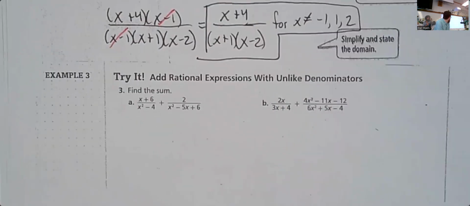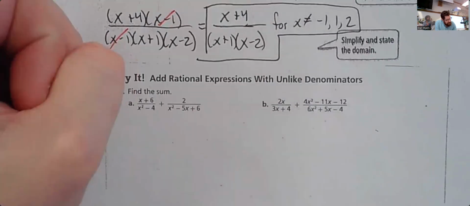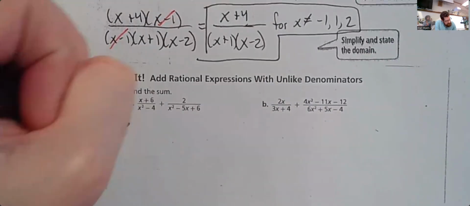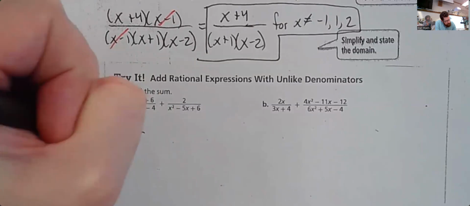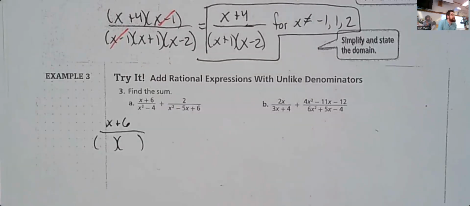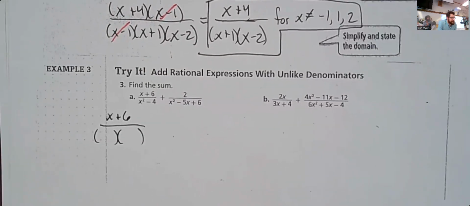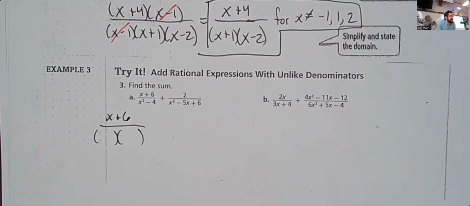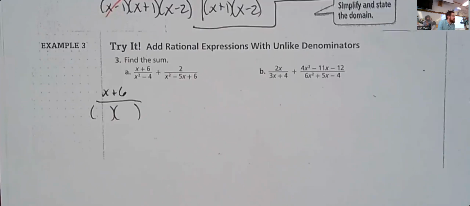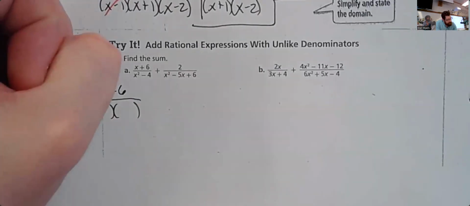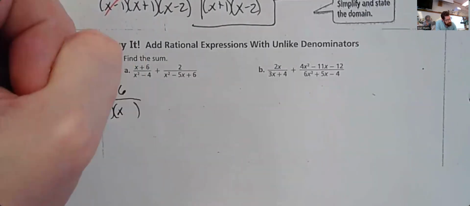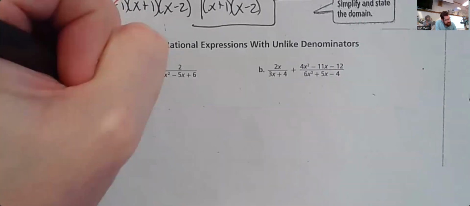Let's keep going here. So what's our first step? What do we have to do? Factor the denominators. Good. So this is going to be x plus 6 over what? What is that denominator factor to? Good. x plus 2 times x minus 2.